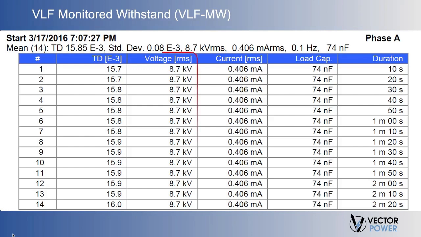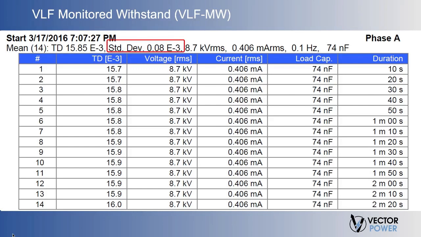Voltage was then increased in the second step of the test to 8.7 kV. Again, that would be the operating voltage phase to ground, or 1 times U0. Now here, we do see a slight increase in the deviation.